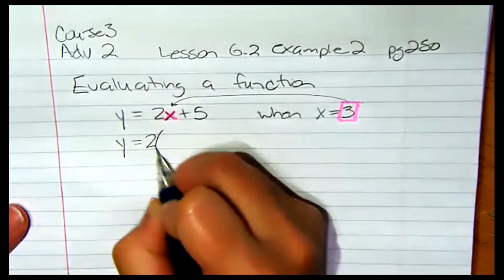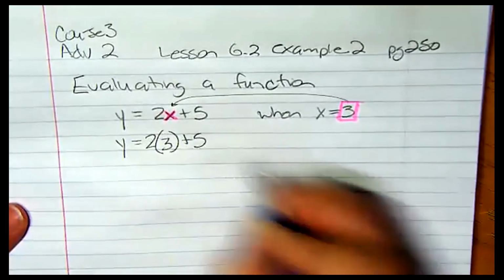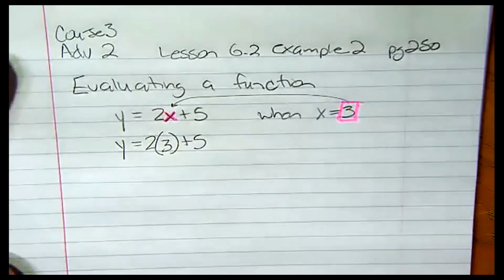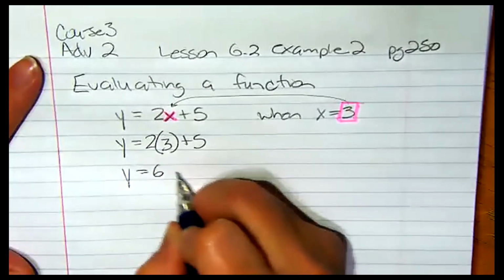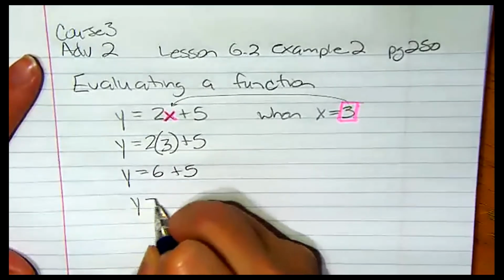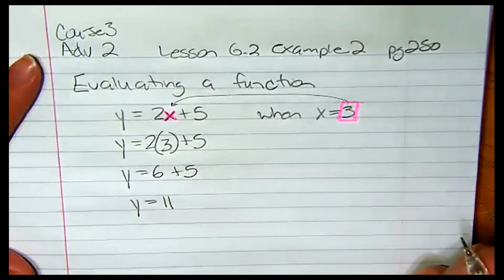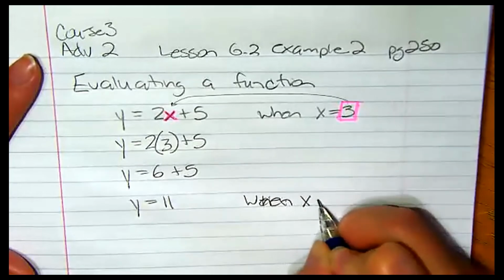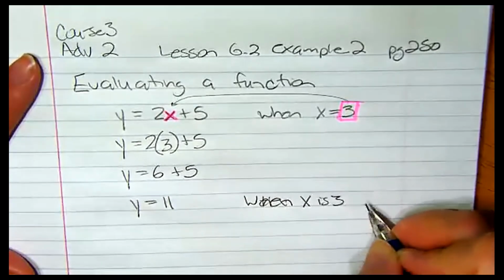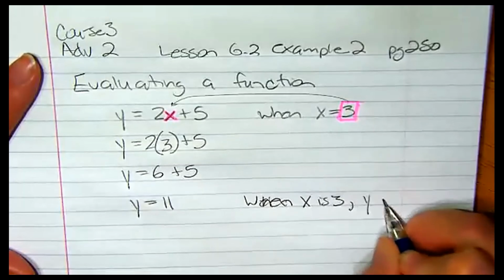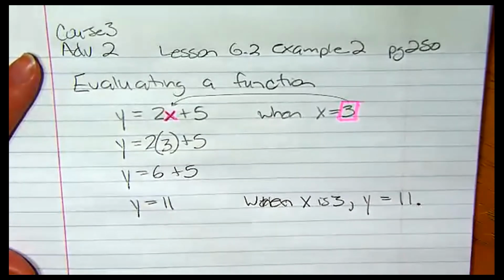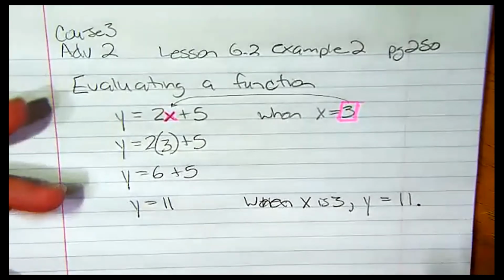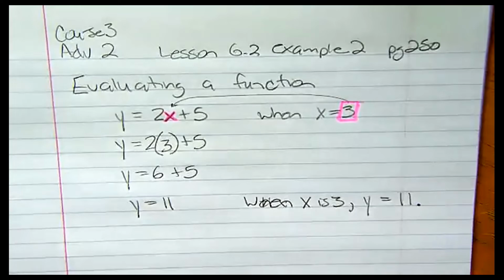Y equals 2 times 3 plus 5. Then I just follow the order of operations to solve it. Y equals 6 plus 5. Y equals 11. So when x is 3, y equals 11. This is evaluating a function.